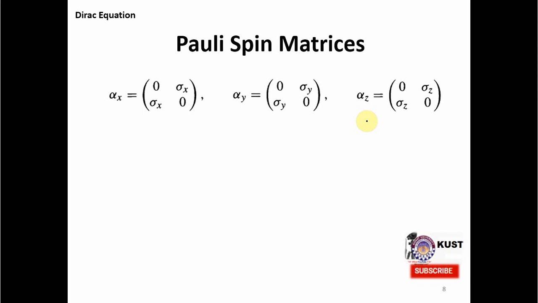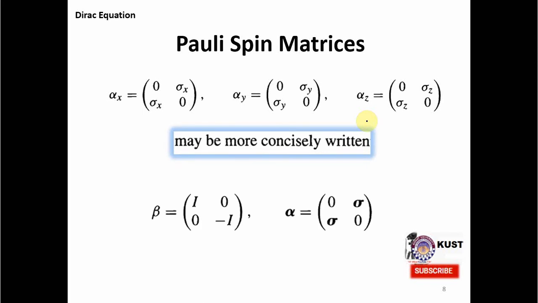They are more concisely written as beta equal to I, minus I, and alpha equal to 0, sigma, sigma, 0. These sigmas are Pauli spin matrices, with values in terms of i and ones, and they are 2 by 2 matrices. So when we put them in the alpha matrices, they convert them into 4 by 4 matrices.